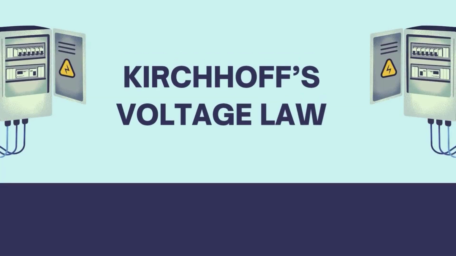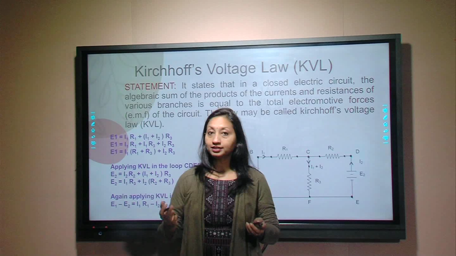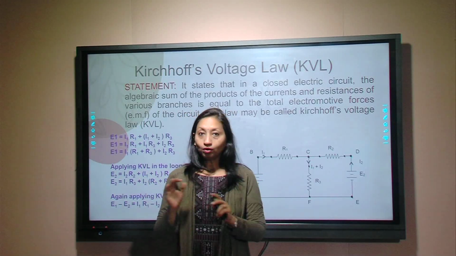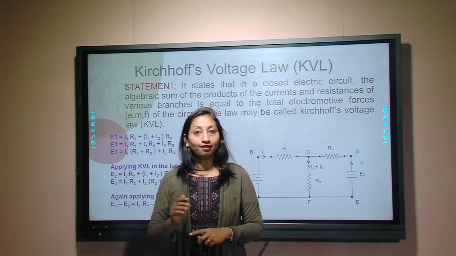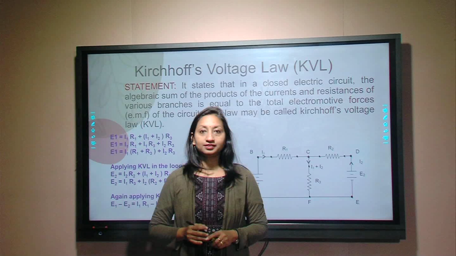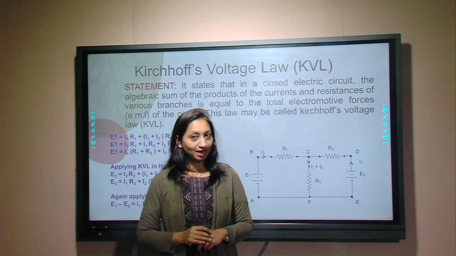Now let us see Kirchhoff's voltage law. What is Kirchhoff's voltage law? It states that the algebraic sum of all the branch voltages around any closed path in a circuit is always 0 at all instants of time.